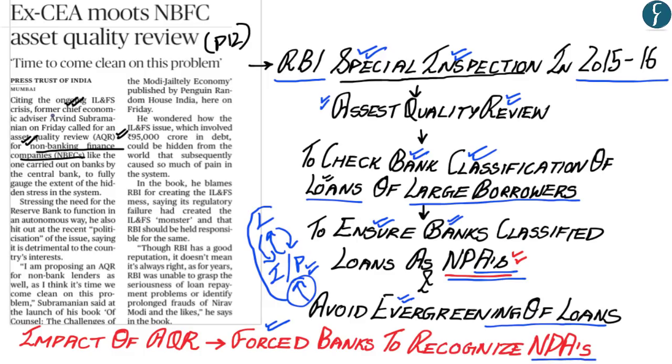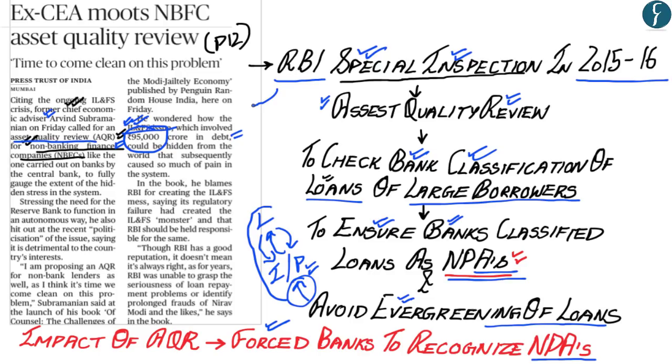And it is within that context that the former Chief Economic Advisor of India has said that there should be an asset quality review of non-banking finance companies. Wherein, as you might already be aware of the ILFS issue, this particular non-banking finance company was able to hide roughly around 95,000 crore of debt.